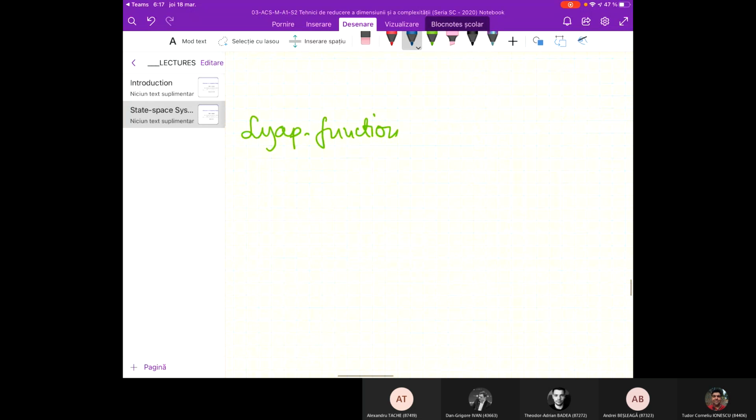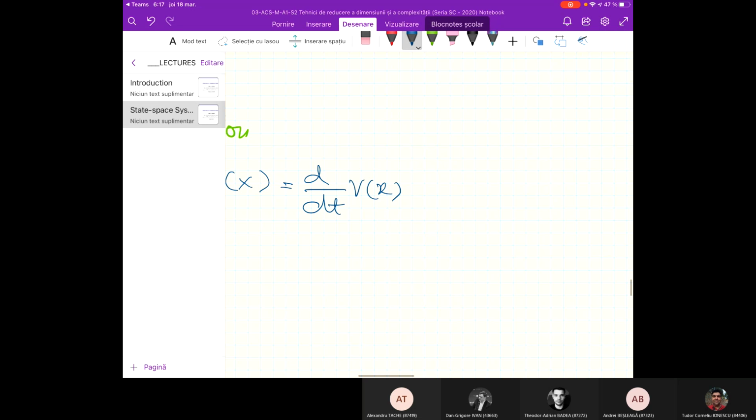Now, energy, when is a system stable? When the variation of the energy is less than or equal to 0.